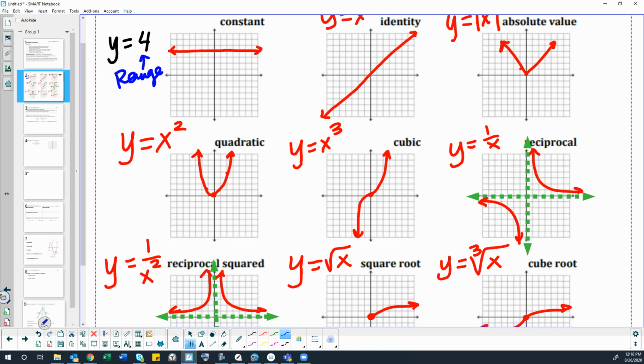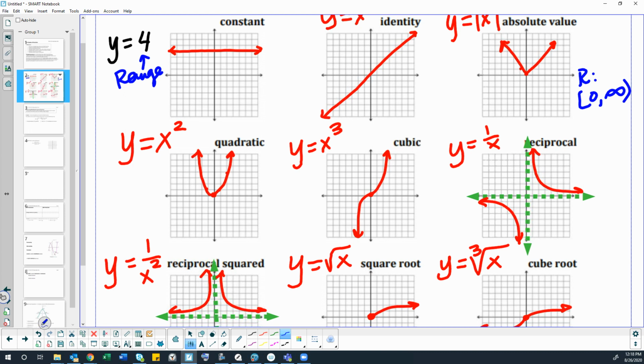Okay, this one is all real numbers. Left to right for x, bottom to top for y. This one is x is all real numbers, left to right. But what about y? So the range would be from 0 to infinity. If I'm not writing it down, it's negative infinity to positive infinity. I'm just saving time by not writing it.